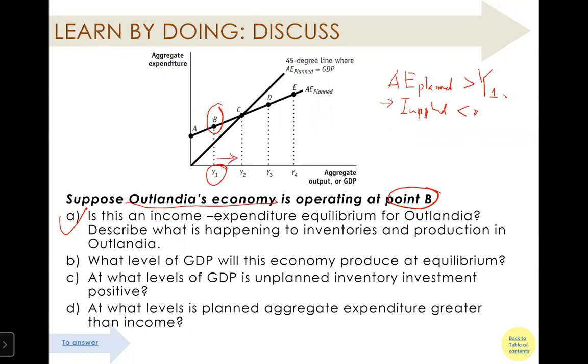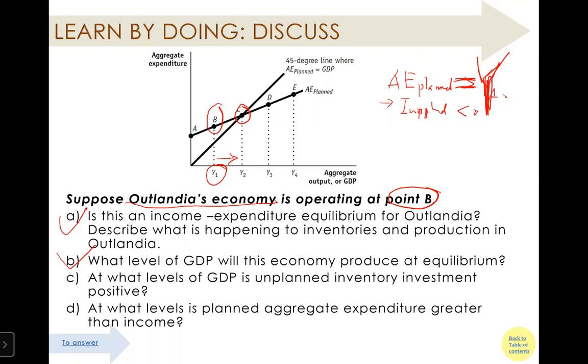B: what level of GDP will this economy produce at equilibrium? At C, when they cross each other, or when AE planned equals Y. This is when we are in equilibrium.